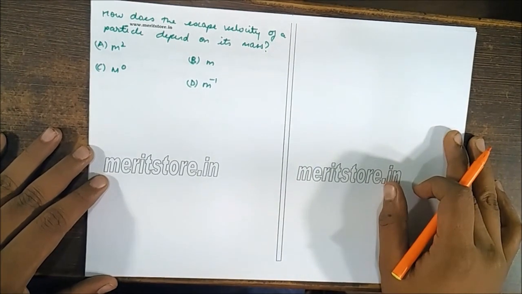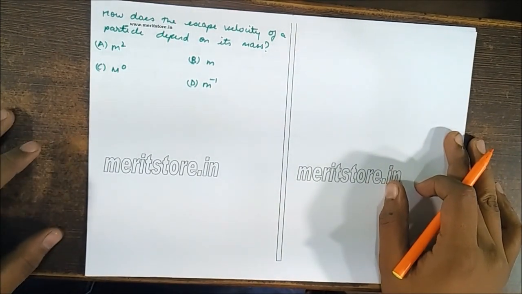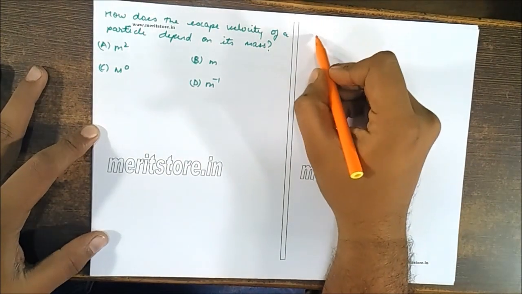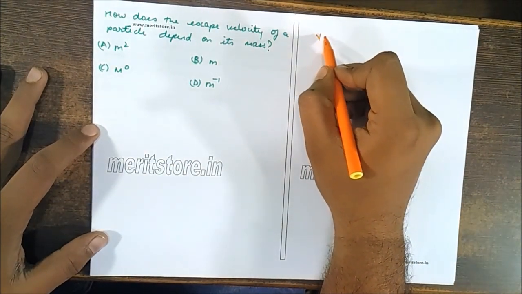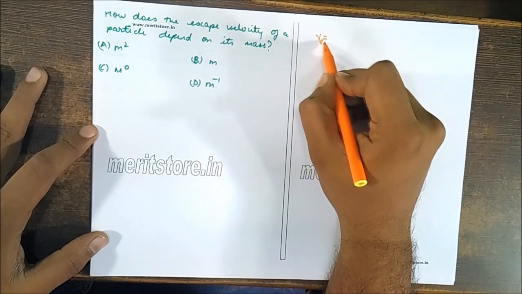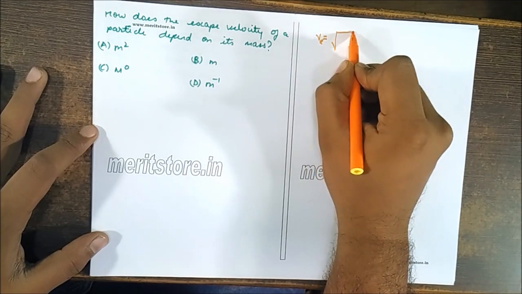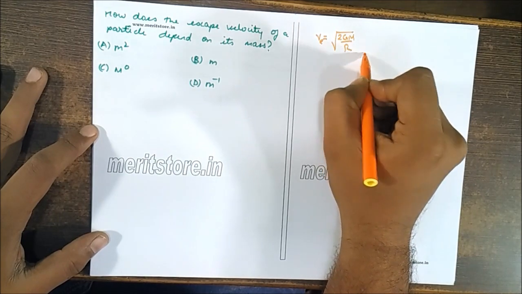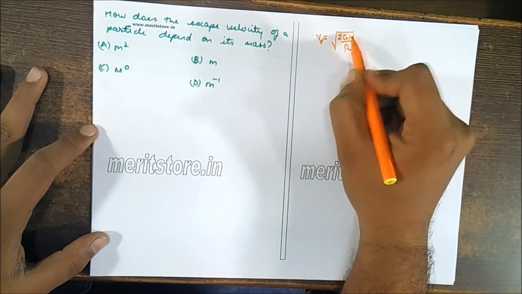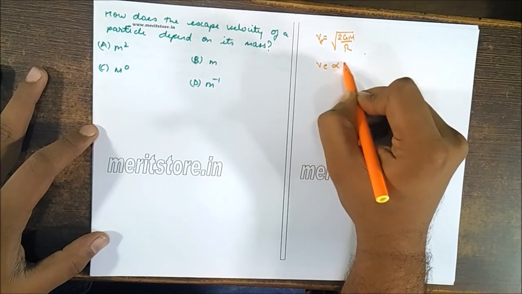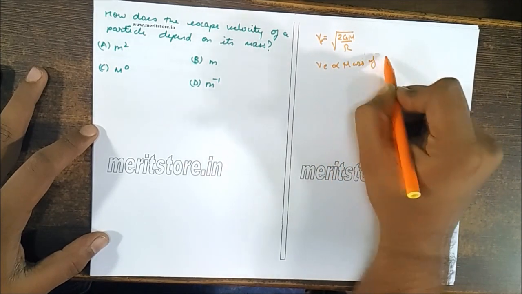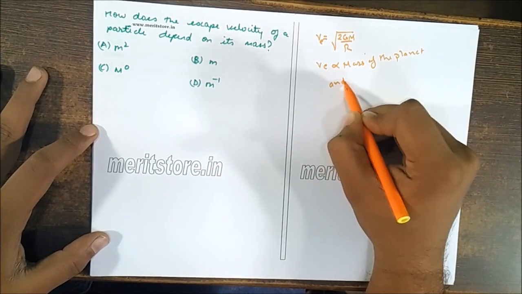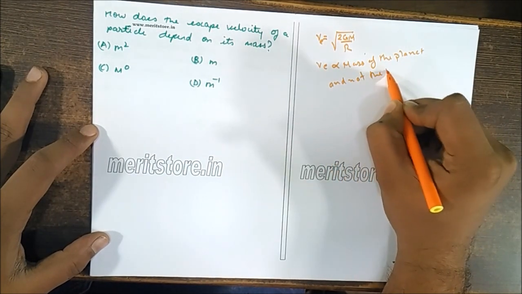Now, how does the escape velocity of a particle depend on its mass? Now, this is a good question. Now, we'll write the formula of escape velocity as under root of 2GM upon R. If we see, it only depends on mass of the planet and not the body.